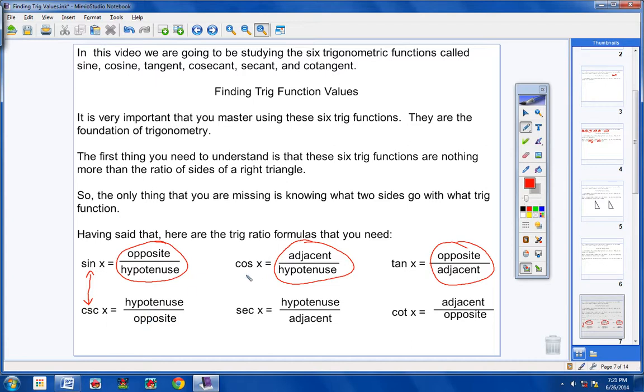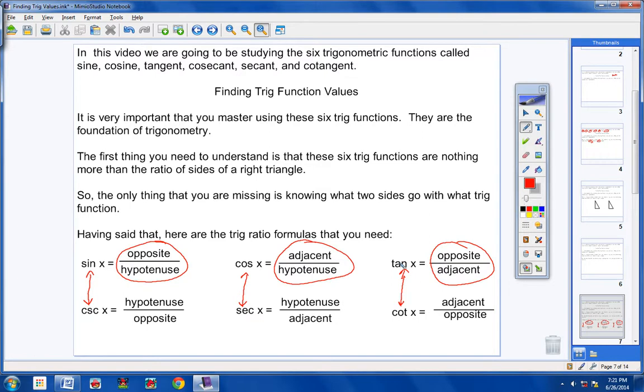Notice cosine and secant are inverses of each other. So, the cosine of x is adjacent over hypotenuse. The secant of x is hypotenuse over adjacent. Notice tangent and cotangent are inverses of each other.